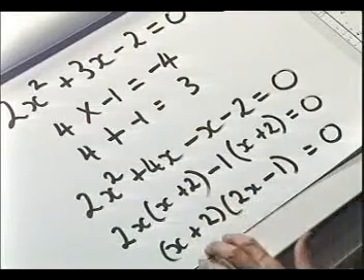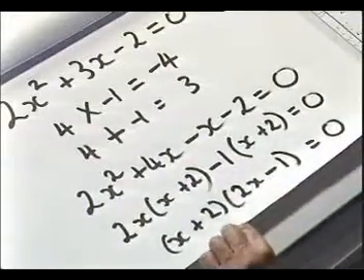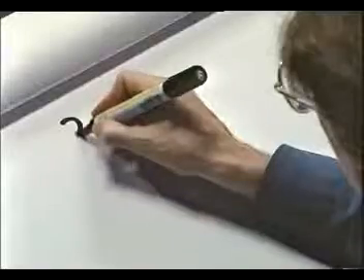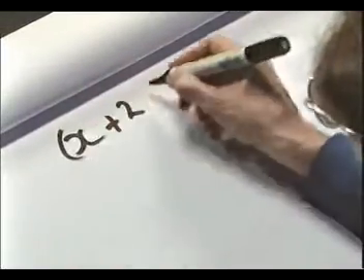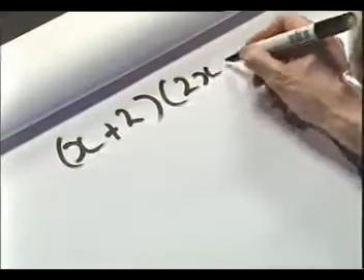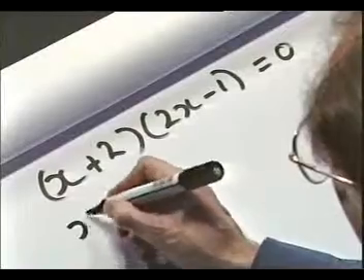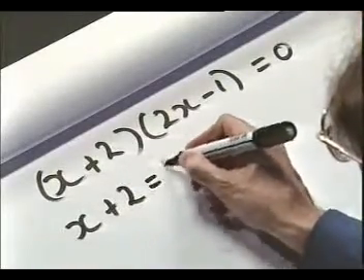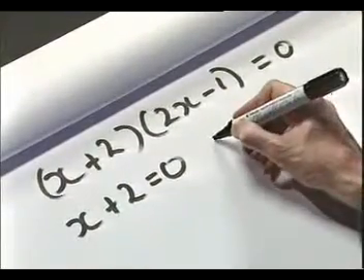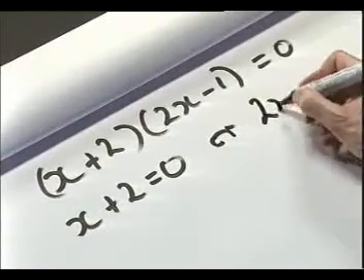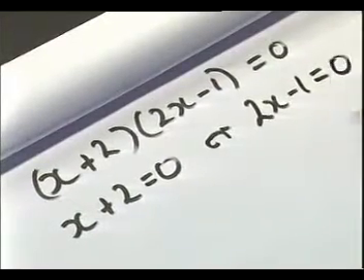So again, we've arrived at two brackets multiplied together, x plus 2 times by 2x minus 1. So one of these has got to be 0, or possibly both of them. Let's write that down again. X plus 2 times 2x minus 1 equals 0. So either x plus 2 is 0, or 2x minus 1 is 0.